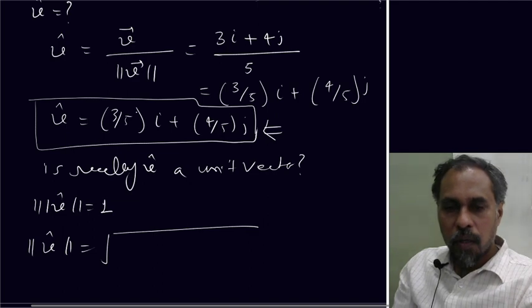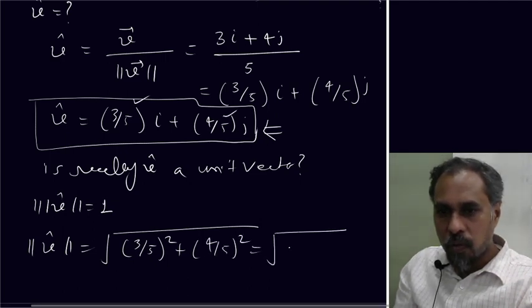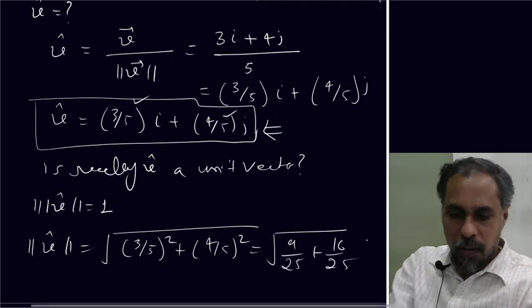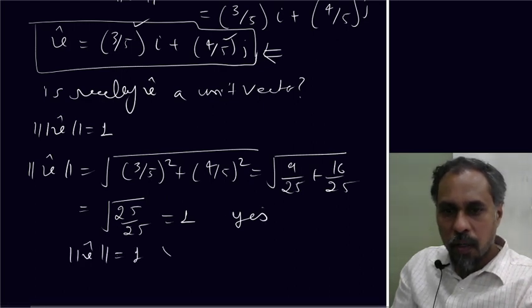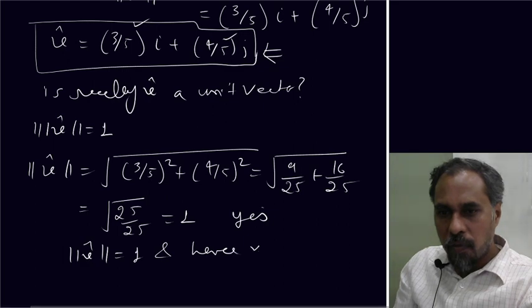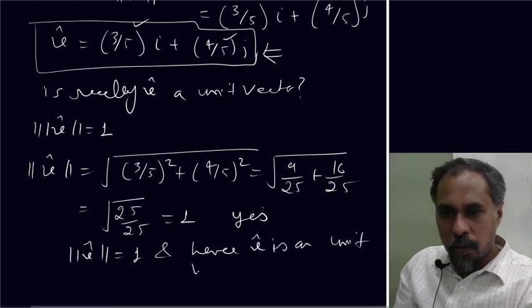Square root of this component square, 3 by 5 square, plus this component square, 4 by 5 square. It means square root of 9 by 25 plus 16 by 25, and that is square root of 25 by 25, that is 1. Yes, the norm of the vector v cap is equal to 1, and hence v cap is a unit vector.